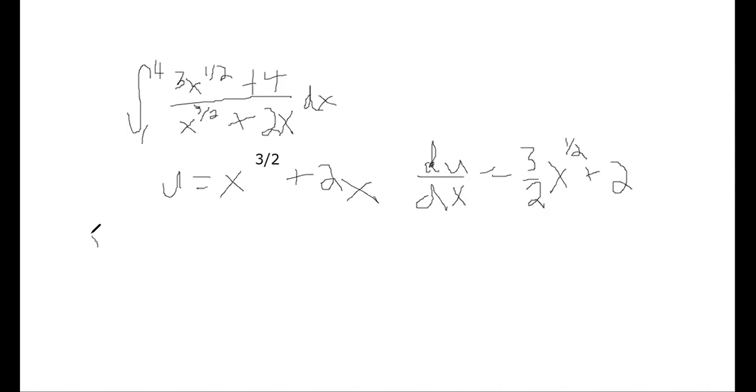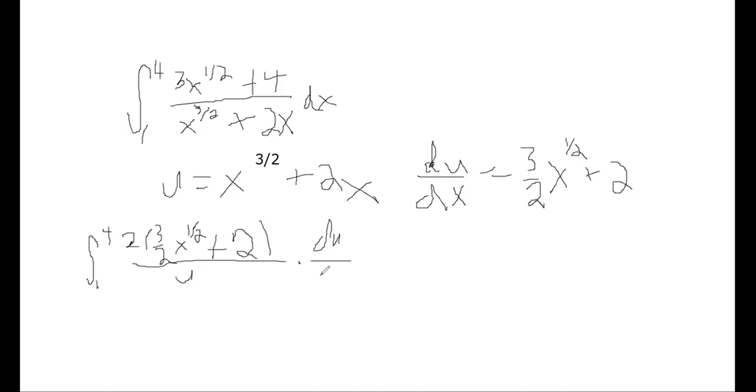So let's see what we get here. We get the integral from 1 to 4 of 2 times 3/2 x to the 1/2 plus 2, over u, times du over 3/2 x to the 1/2 plus 2.